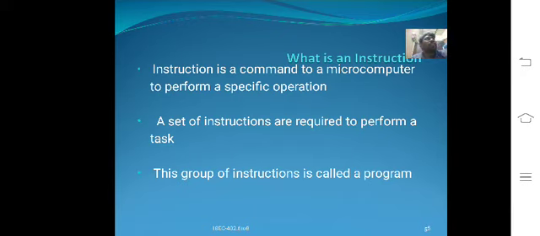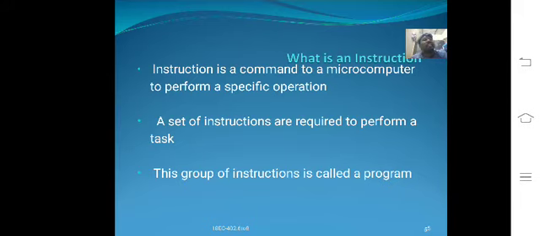You go that side, you go this side, or something. They are giving some instructions, and sit properly. These all are instructions, commands for general routine life. But here in microcontroller programming, if you want to perform a specific operation, then we are using some instructions or commands. The instruction is a command to the microcomputer.